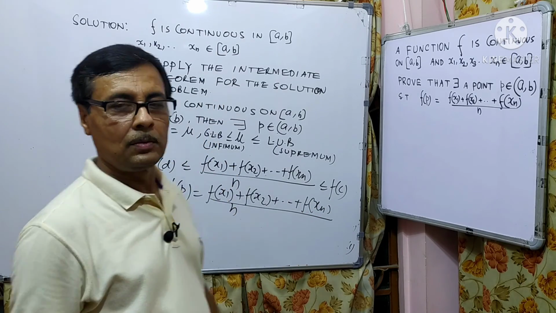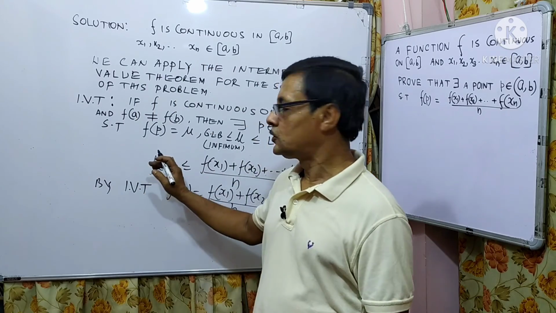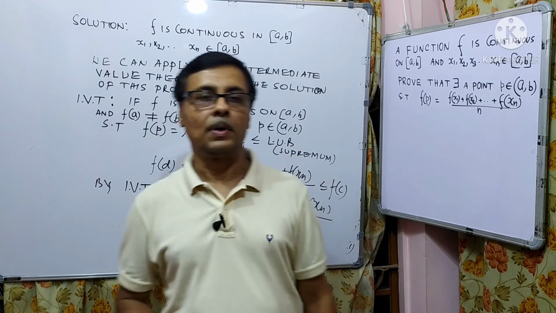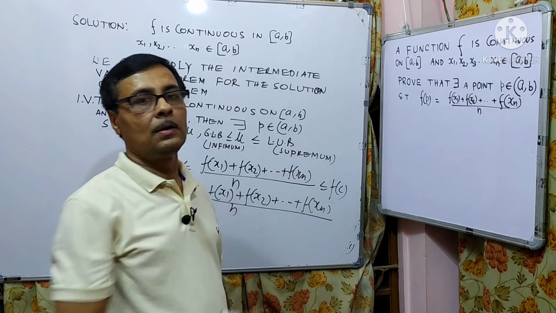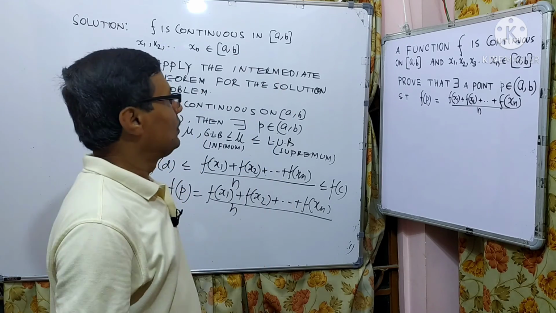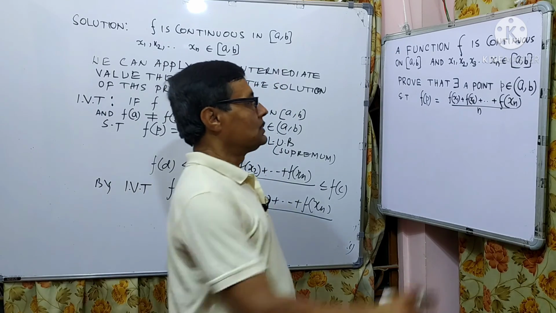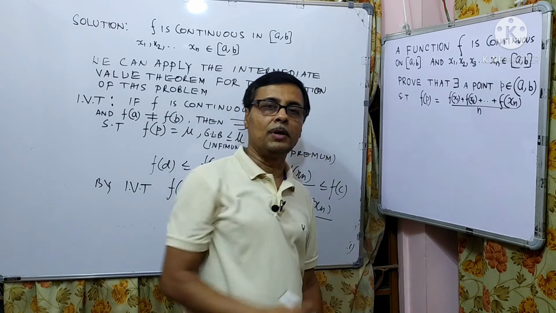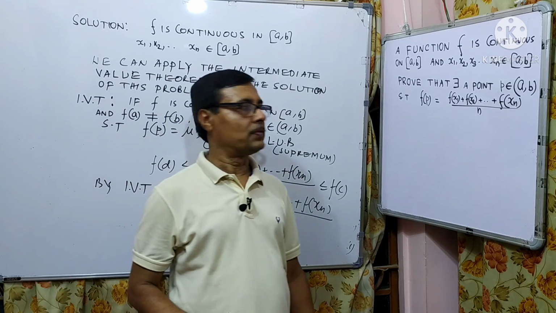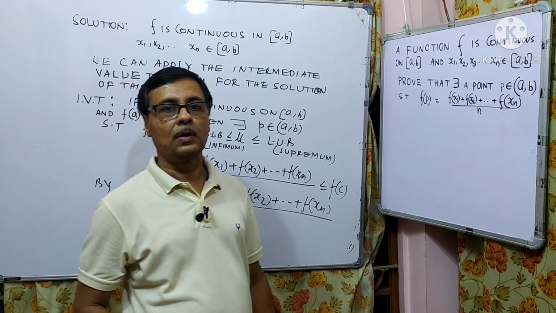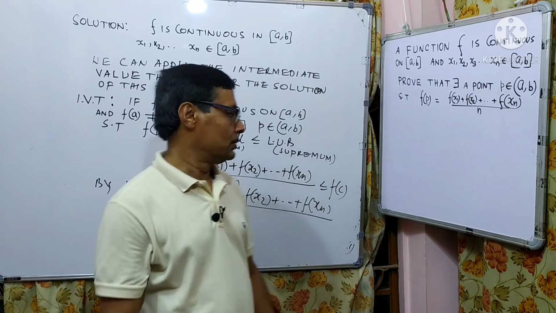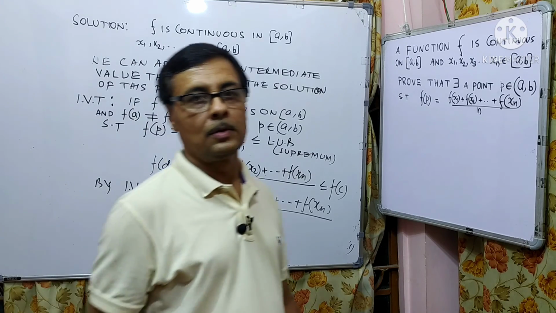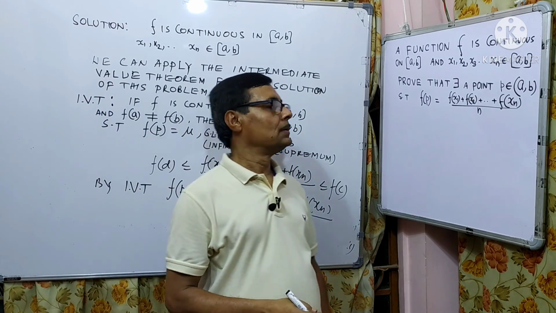This is an intermediate value of the function between the two bounds f(d) and f(c), and it must be attained by this function in this interval. So we have f(p) equal to the arithmetic mean of f(x1), f(x2), ..., f(xn), where p belongs to the open interval (a, b), by the intermediate value theorem. Thus we have got the result.